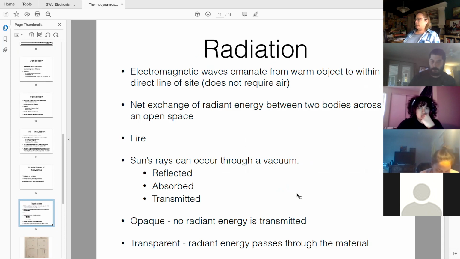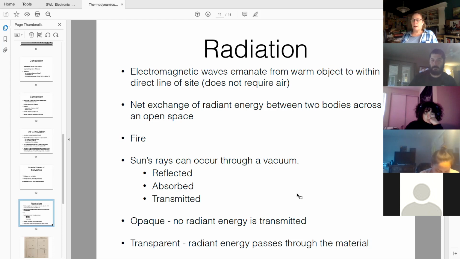And it is related to the electromagnetic waves, which is energy, and how it radiates or emanates from a warmer material to either another material, which could be solid or could be a gas.